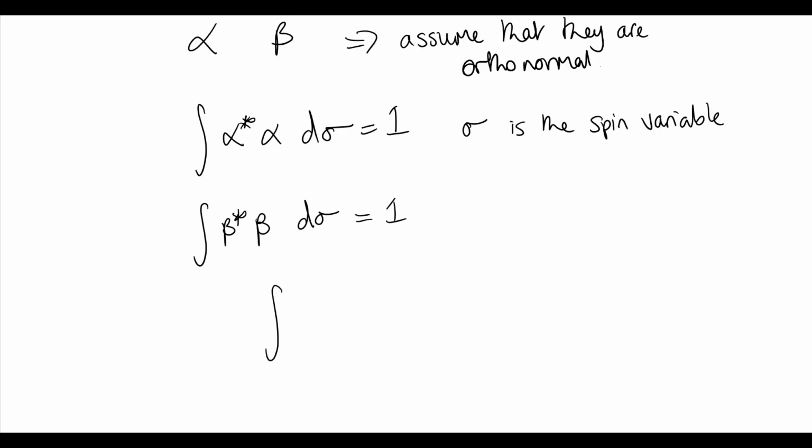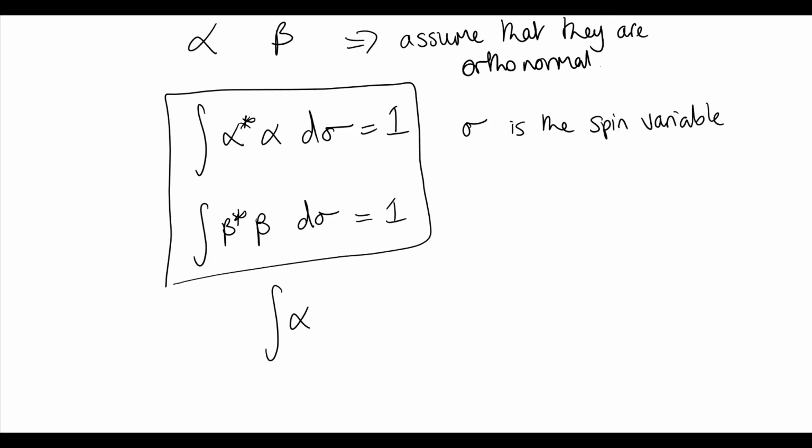So the normality piece is what we see here. And then we have the orthogonality piece: because alpha and beta are orthogonal, these cross expressions are equal to 0.